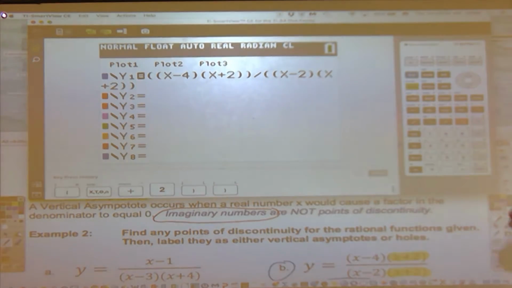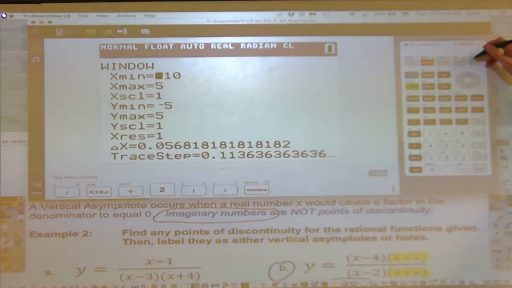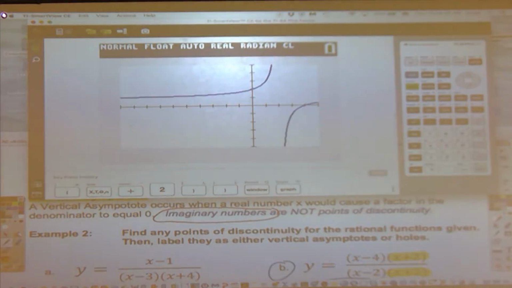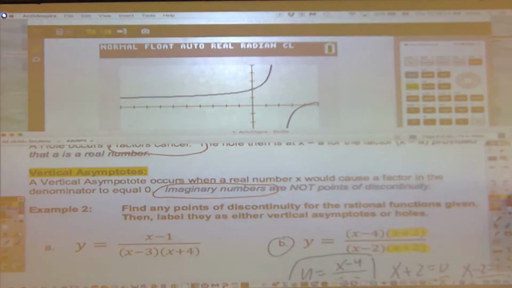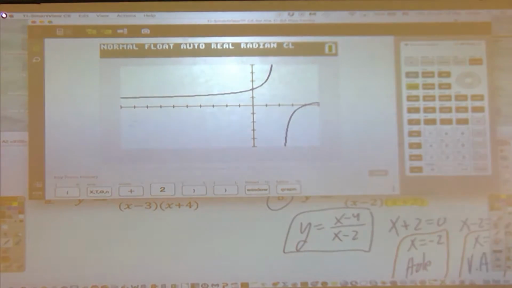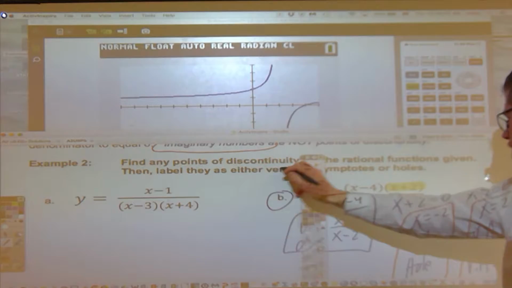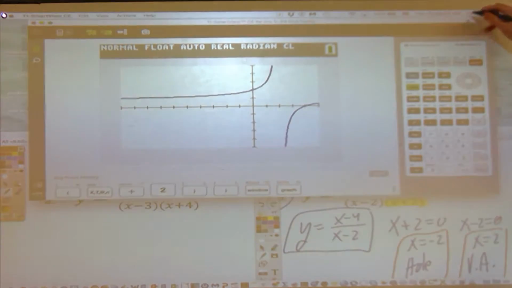Okay. My viewing window, -10 to 5, should be fine. Notice what this graph has. According to our analysis, there's supposed to be a hole at x equals -2 and a vertical asymptote at x equals +2.